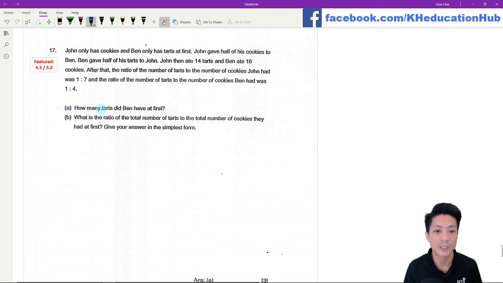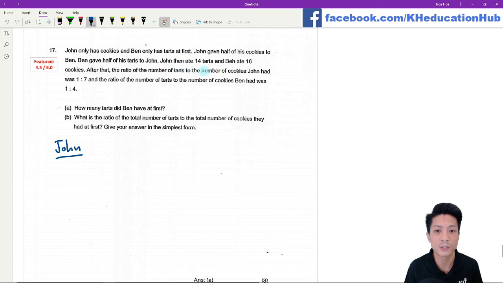Okay, part A, they want us to find how many tarts did Ben have at first. So let us try to solve part A first. I'm going to write down for John over here. John gave half of his cookies to Ben, right?